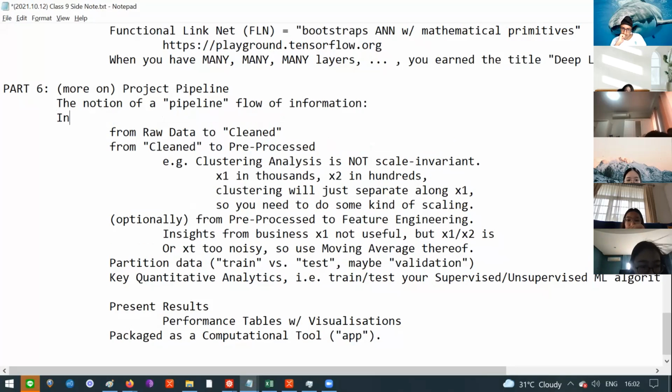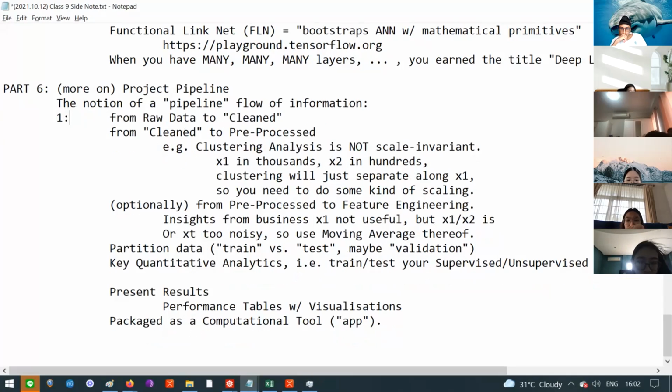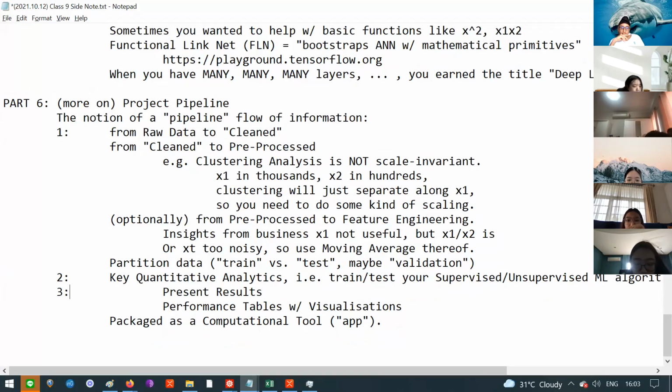Input, one, okay, and then I would call this 2 is the main thing here, and then 3, something like that.